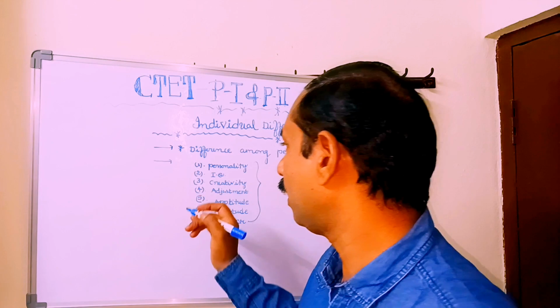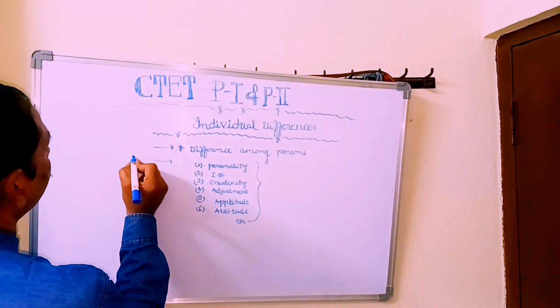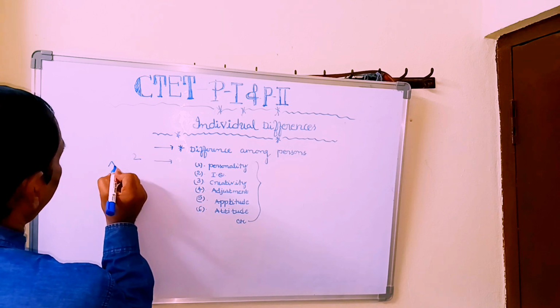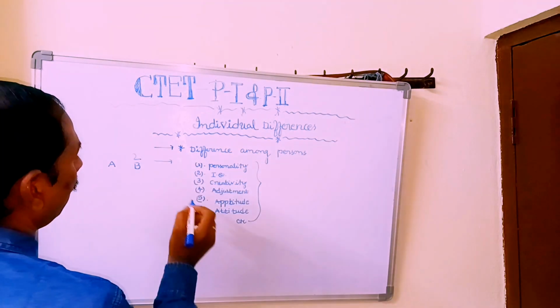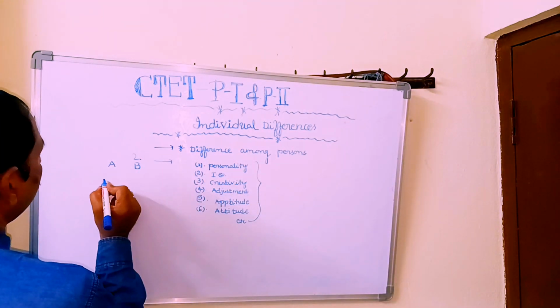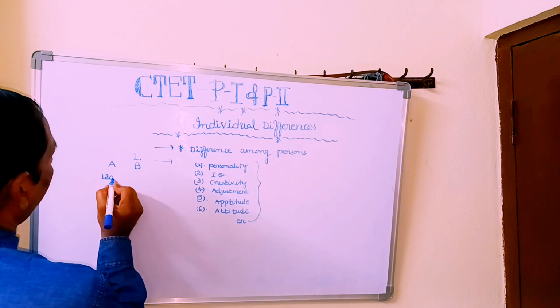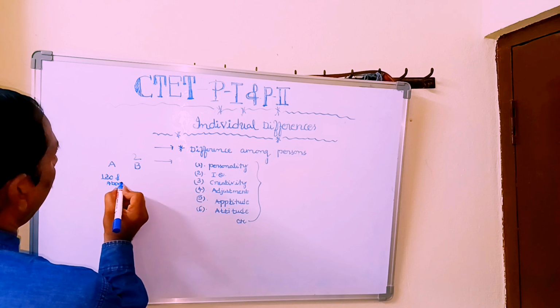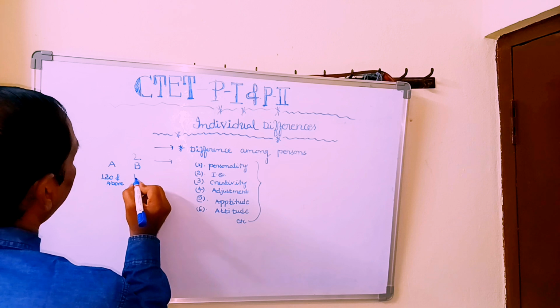For example, if we see two persons, person A and person B. Person A's intelligence is 120 and above, and person B's intelligence is 110.